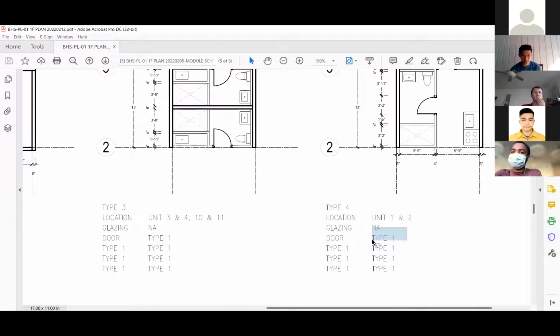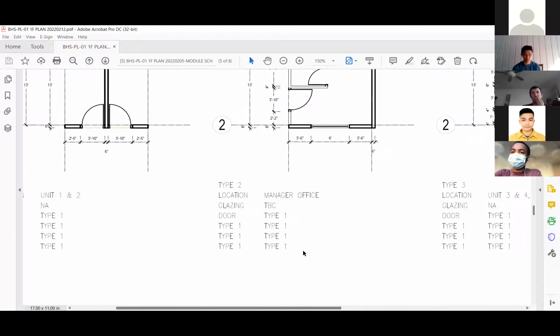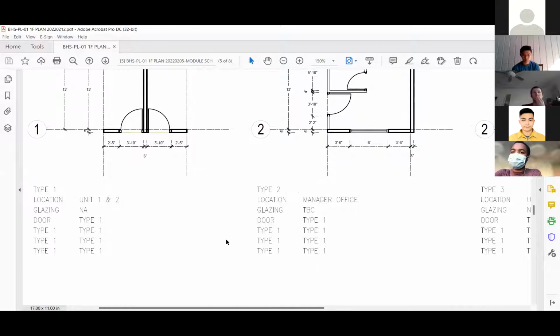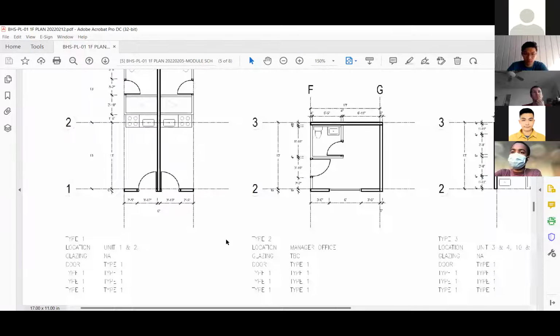I don't know if we need such a level of detail, but if the materials or the selection of glass or doors or whatsoever are finalized, then we can input more details for that, just in case we need it for any calculation or estimation.